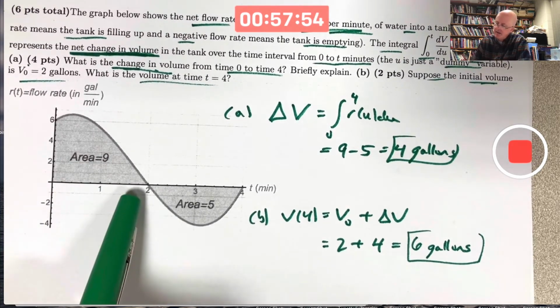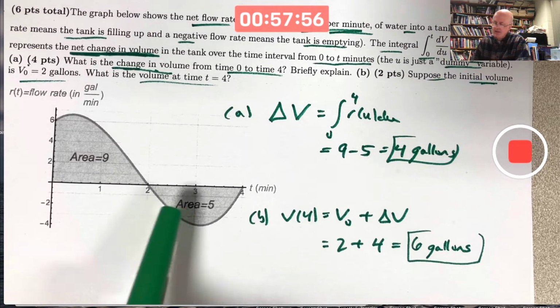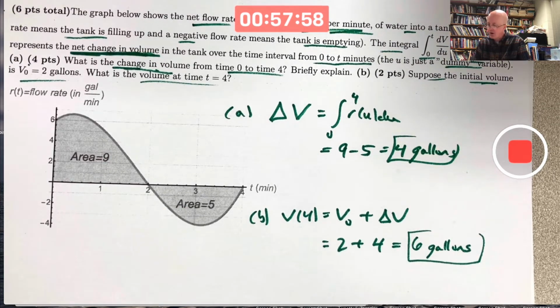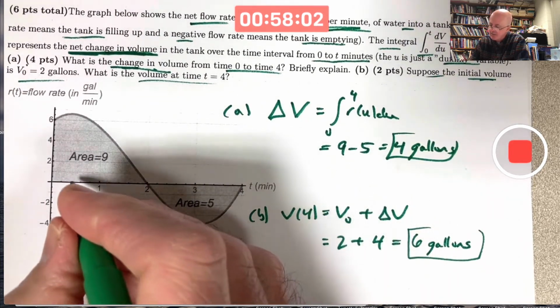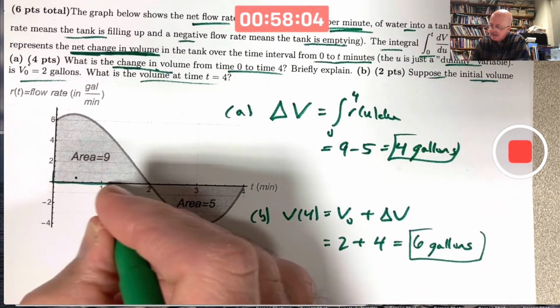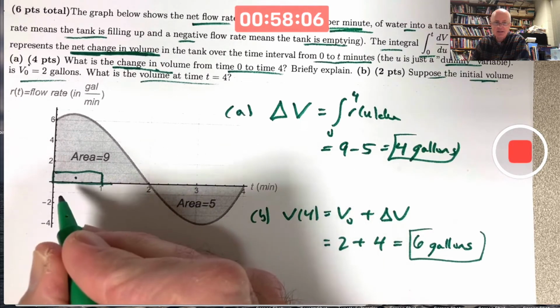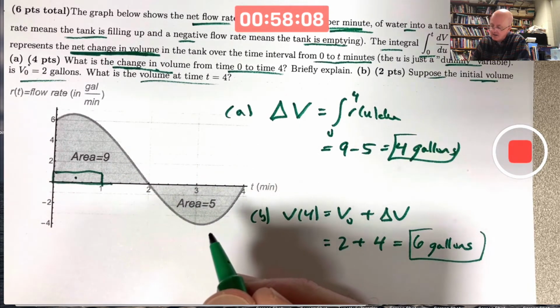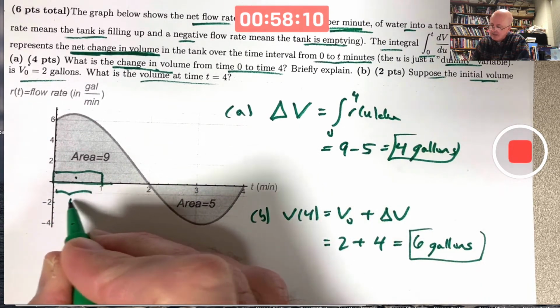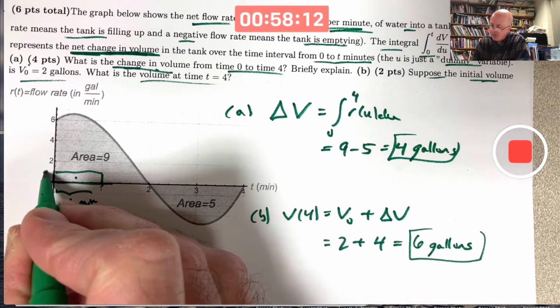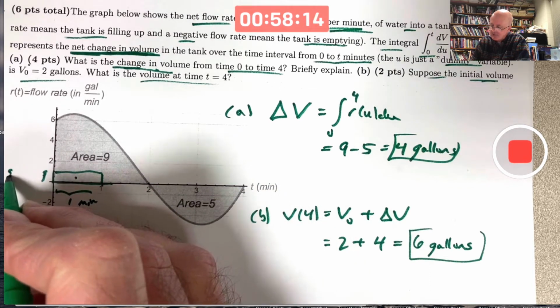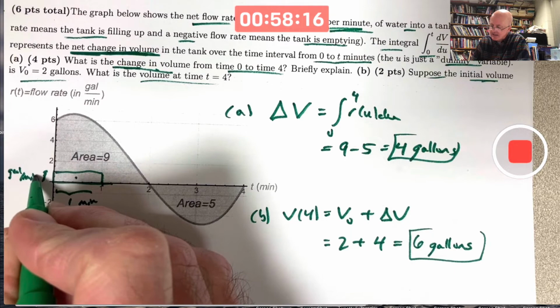I told them the areas here. If I did not, I could make it more work by trying to just estimate the areas with maybe left-hand sums and right-hand sums, or perhaps by counting boxes. Each of these boxes has an area of 1. There's 1 minute for that side and 1 gallon per minute for this. The scales are not the same.